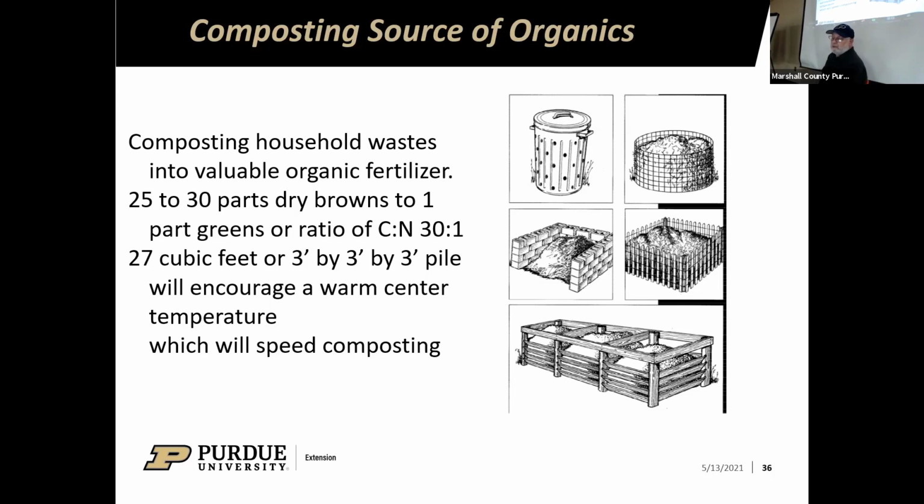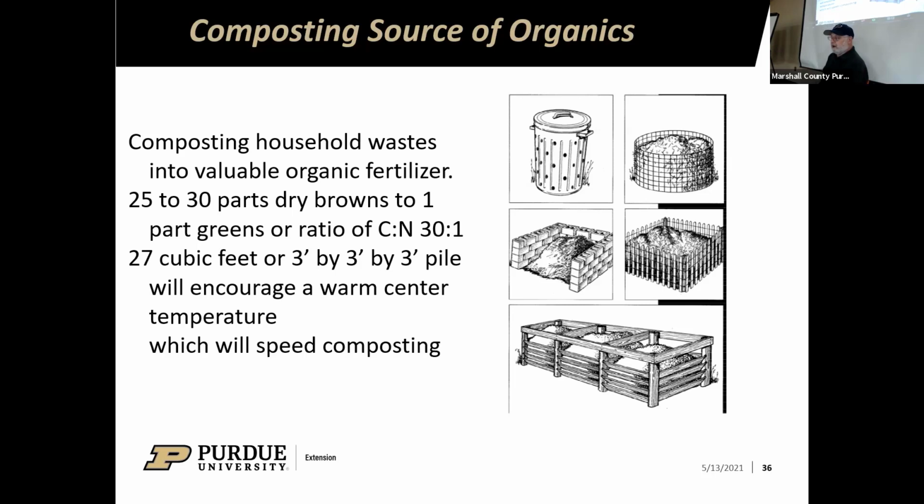So we need about 30 parts of dry browns to 1 part greens, a ratio of about 3 to 1. Nothing magical about that ratio. It just tends to move at a faster pace at that ratio if you have adequate nitrogen. We want a good size so that we will get some good warming, and that's why we need adequate nitrogen in the compost pile.